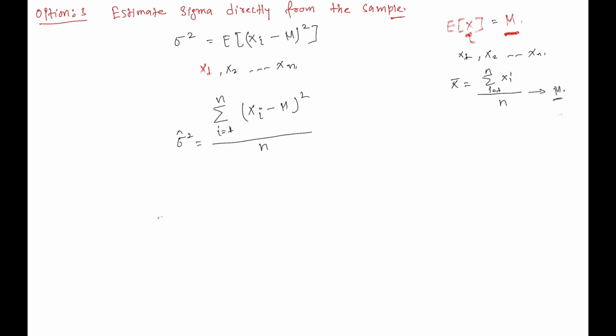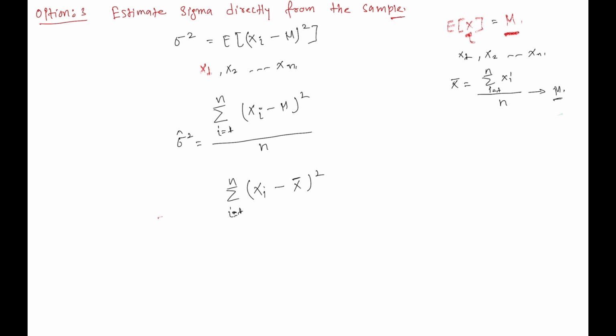But the problem here again is that we have this unknown, that is the true mean, right? So we have this sample. What we can do is estimate this true mean as well. So now we will have this expression, sum from i equals 1 to n of (xi minus x bar) whole square, where instead of using the true mean, because that is anyhow unknown, we estimate it using the sample mean, x bar.